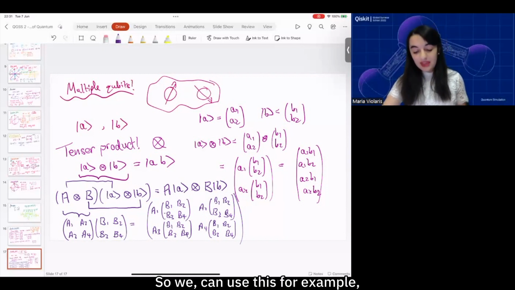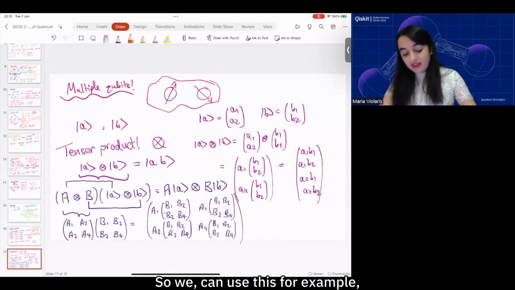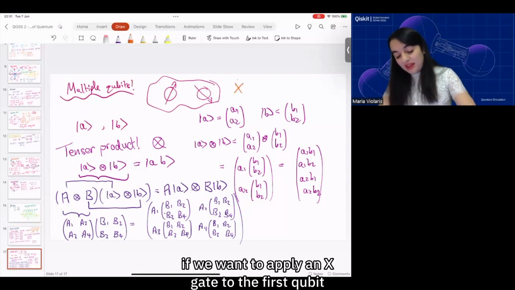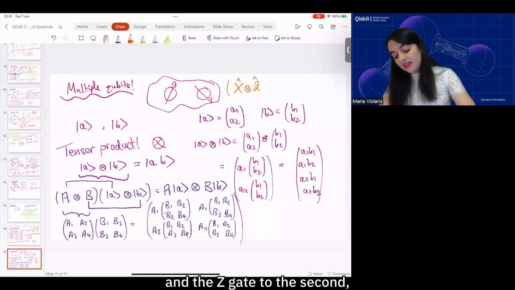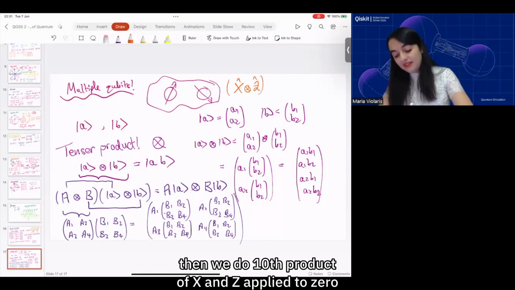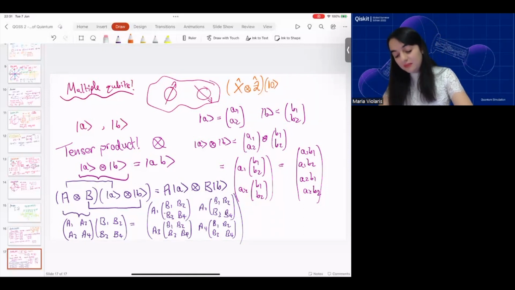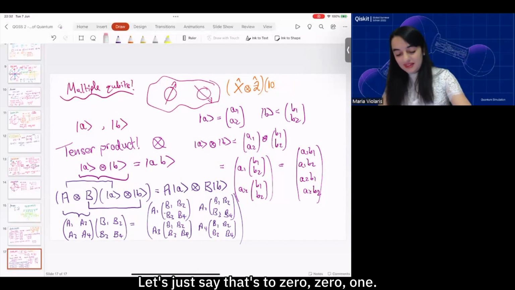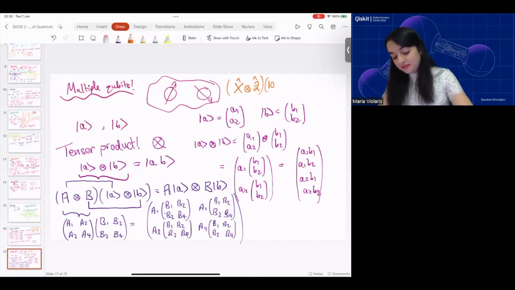So we can use this, for example, if we want to apply an X gate to the first qubit and a Z gate to the second, then we do the tensor product of X and Z applied to, actually, sorry, let's just say that's 0, 0, 1.